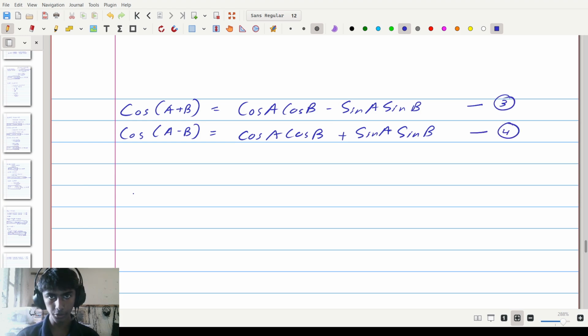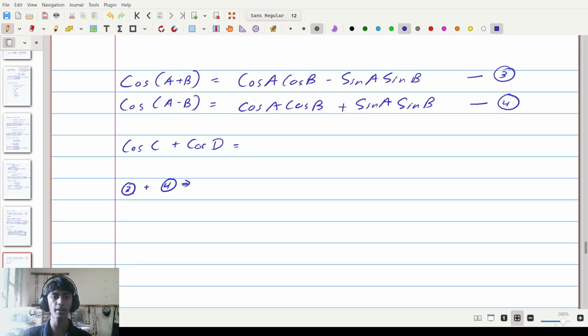Can you guess what we're about to do? The exact same thing that we did up there. We're going to do 3 plus 4 and consider what that gives us. So we're going to try to find cosine of C plus cosine of D. To do that, what we're going to do is consider 3 plus 4 and see what we get.